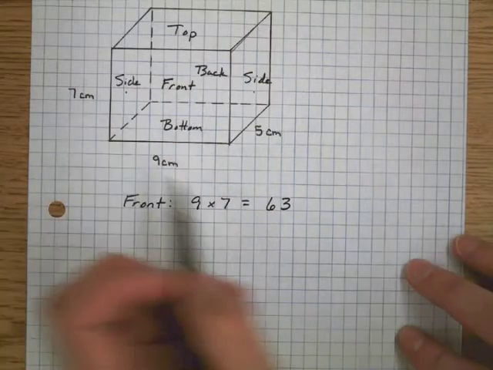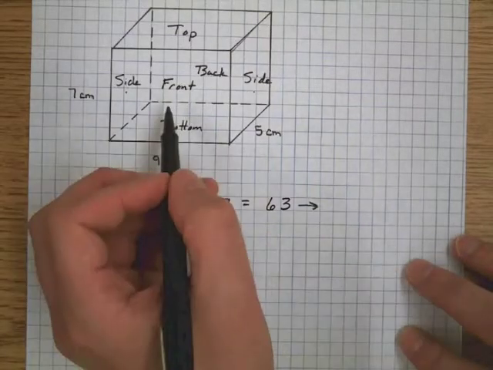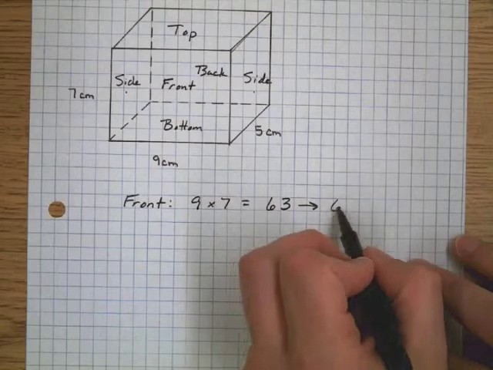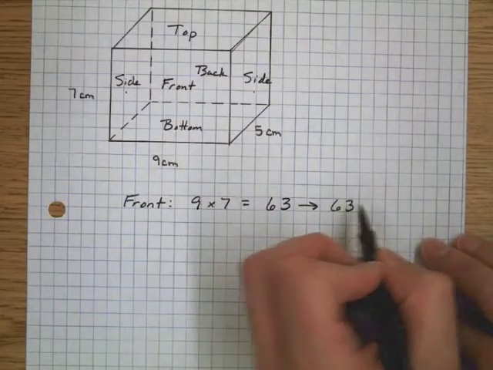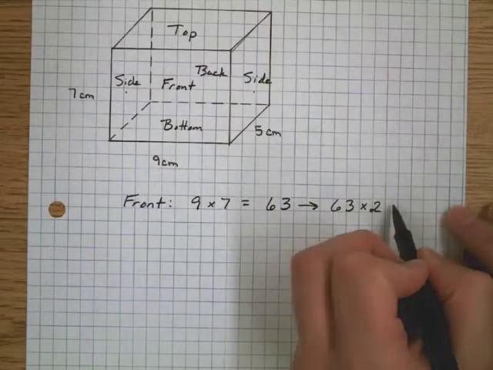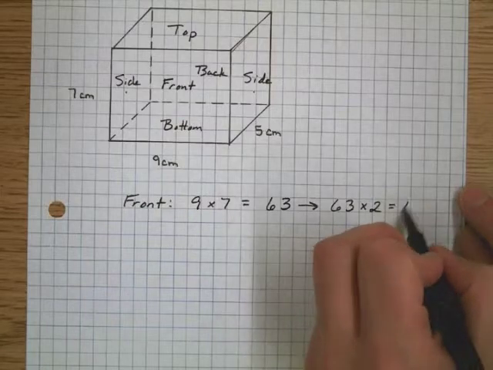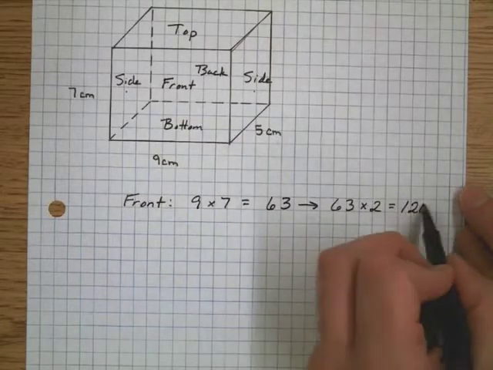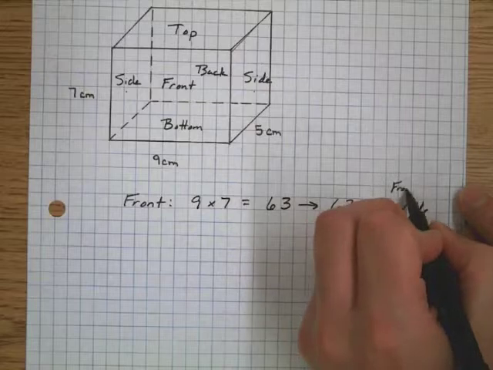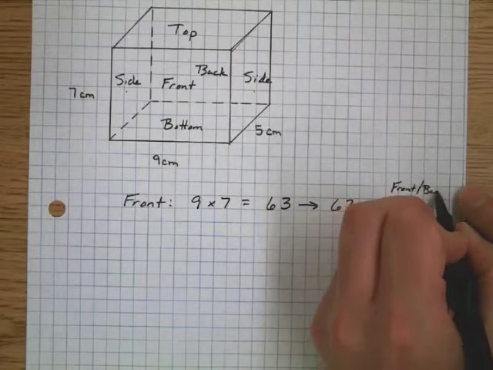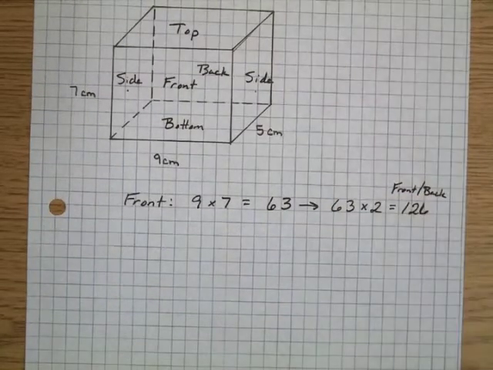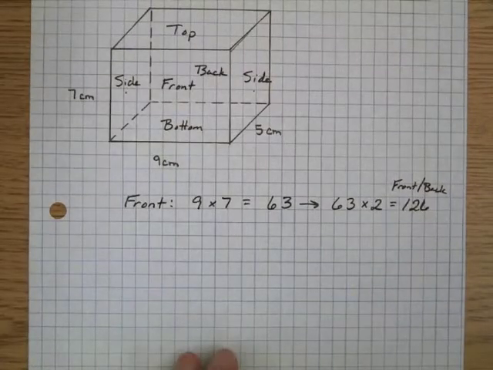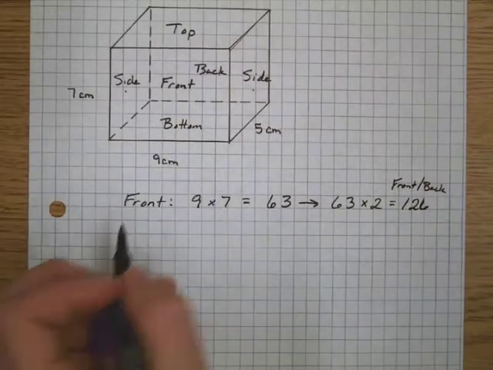Well, we know that we have not just a front, but also a back. And since those are the same, we can say that 63 times 2 is 126. This gives us both the front and the back. The area of both the front and the back is 126 square centimeters.